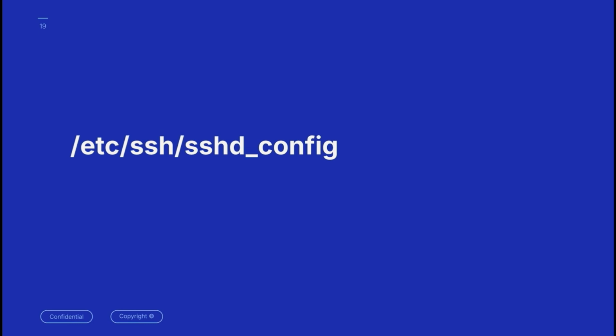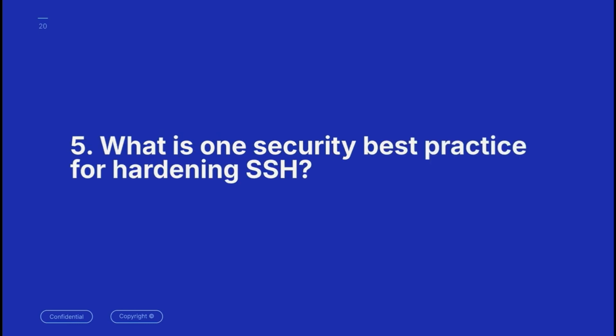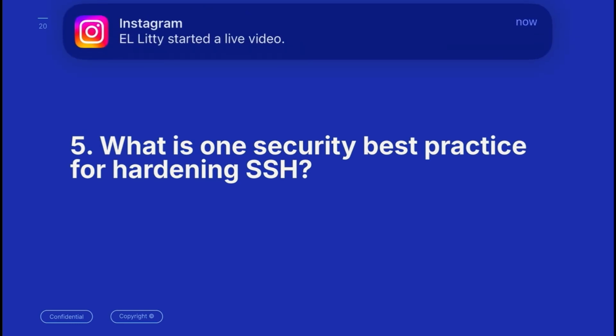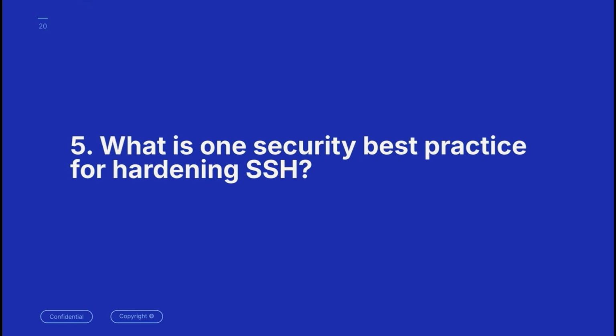On to the last question. What is one security best practice for hardening SSH?